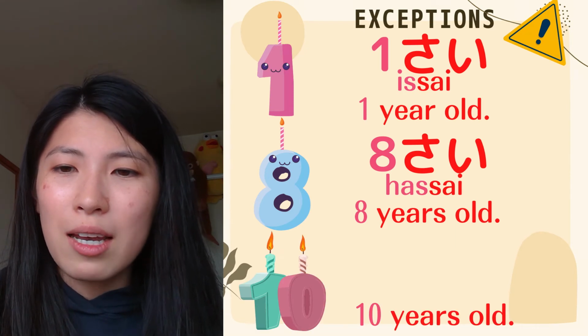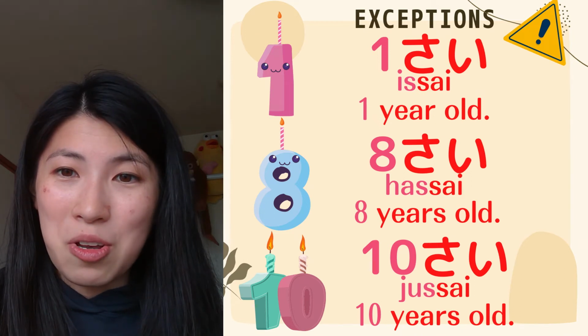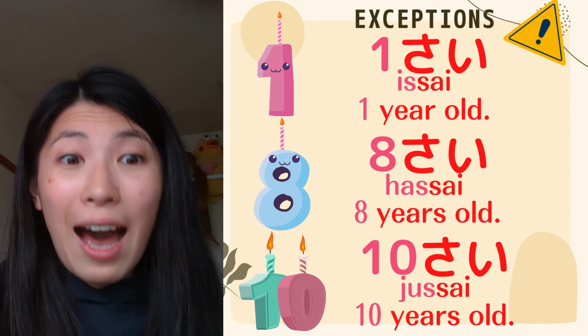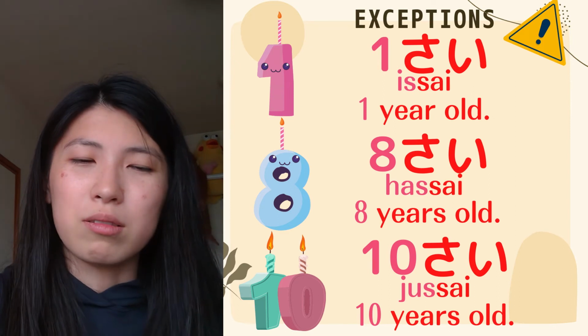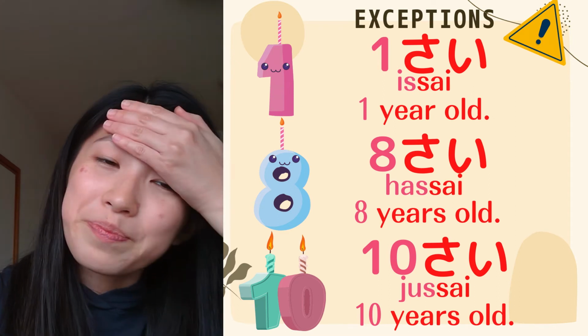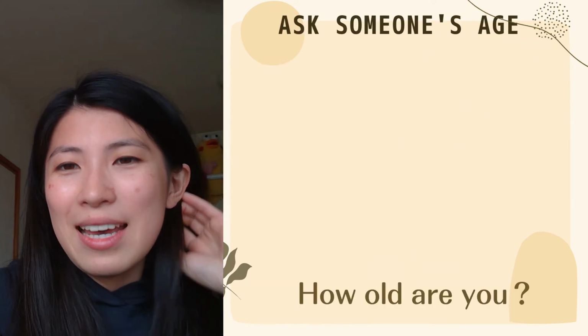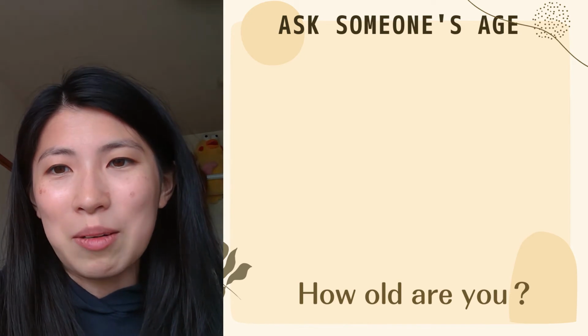We pronounce it 10歳 (じゅっさい). So 1 year old 1歳, 8 years old 8歳, 10 years old 10歳. We got 3 exceptions. Anyway, let's learn how to ask someone's age.